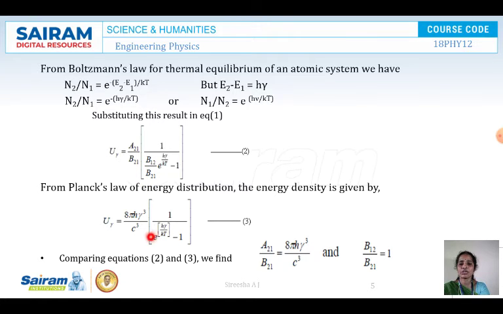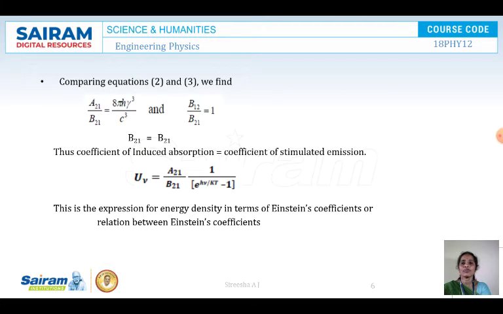So B12 by B21 is equal to 1. Comparing equations 2 and 3, we are getting A21 by B21 equal to 8 pi h nu cube by c cube. This is the relation between Einstein's coefficients.